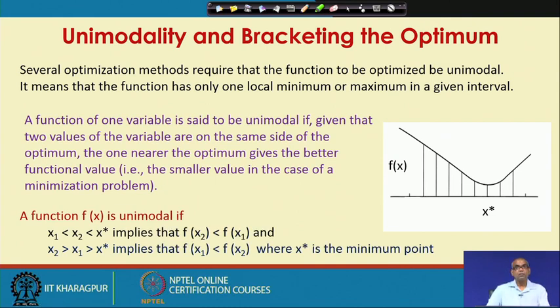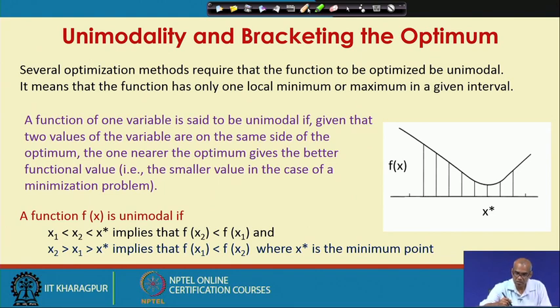So, you can define a unimodal function as follows. A function f(x) is unimodal if x1 less than x2 less than x star implies that f(x2) is less than f(x1), where x star is the minimum point.